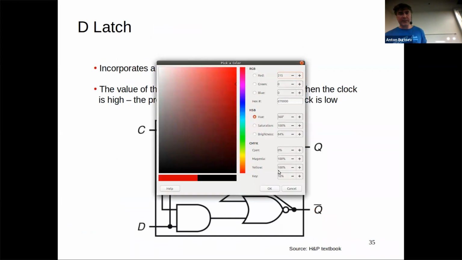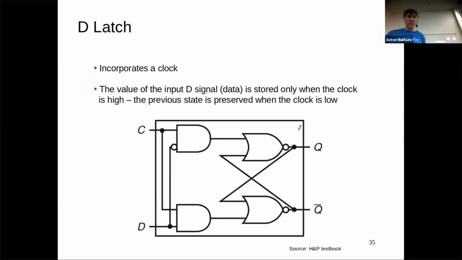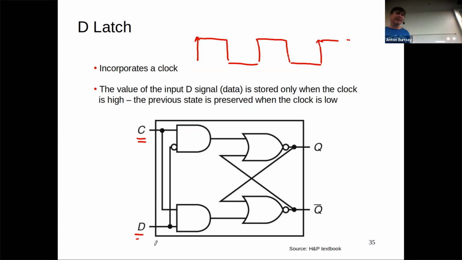Change the color back to red. So now we have two inputs: a clock, which goes like this, and so on, and we have the data, which we want to remember. And inside we have this RS latch, which we just looked at, right?